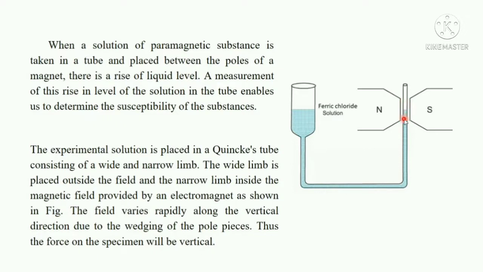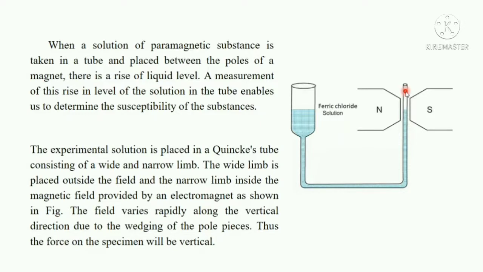So this magnetic field provided by the electromagnet varies rapidly along the vertical direction due to the wedging of the poles. So as it is acting in the vertical direction, there will be a rise in the liquid level when the current is switched on.